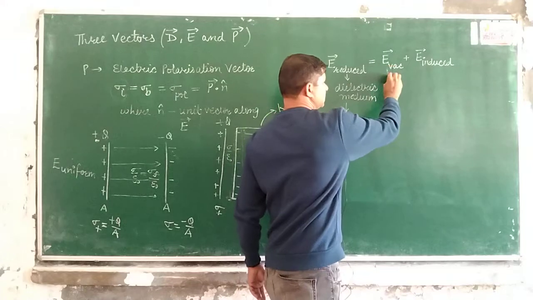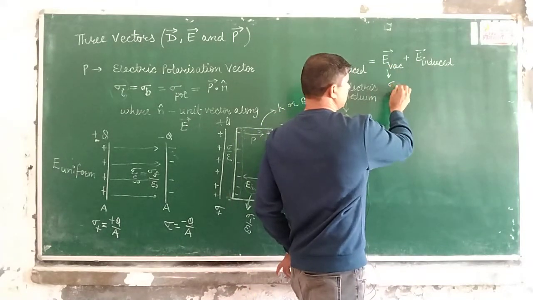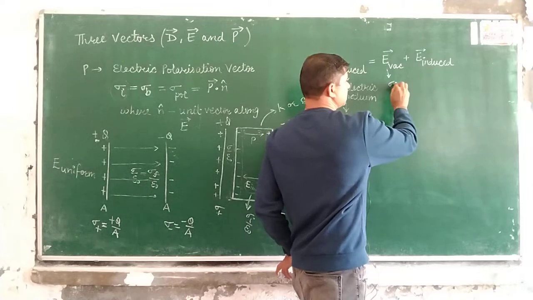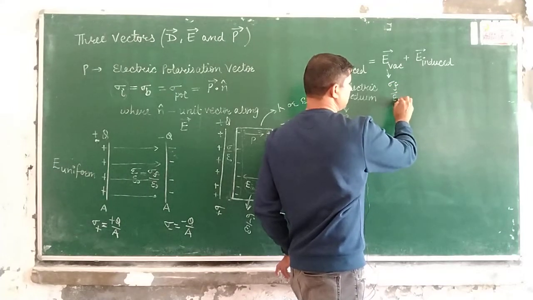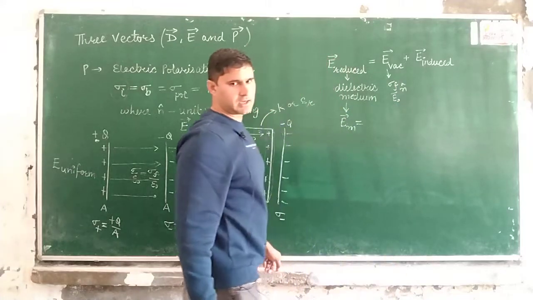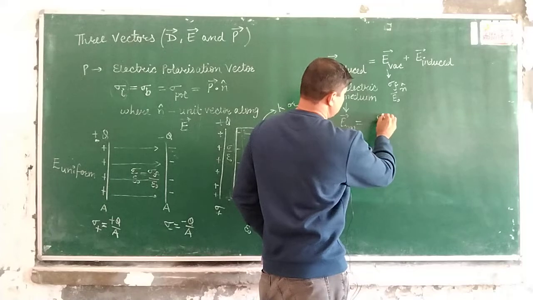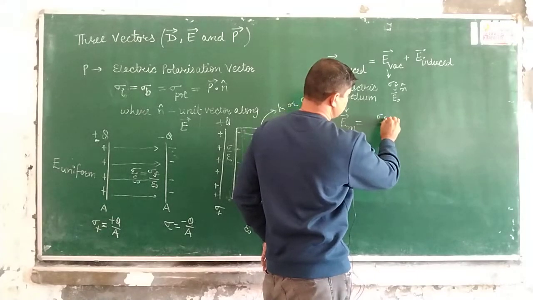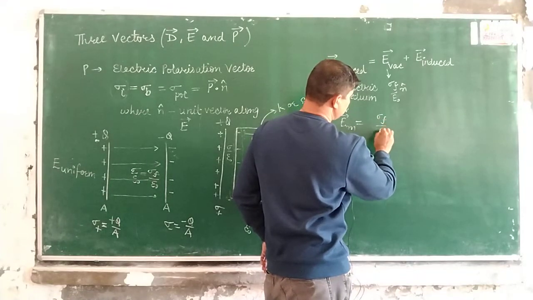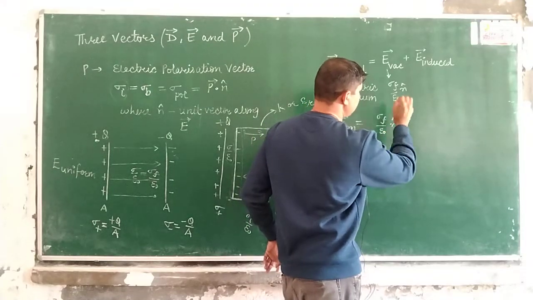What is the value of E in the vacuum? This is sigma, and this sigma is free charge density divided by epsilon node, and its direction is n cap. So if you substitute its value here, then you will get sigma free by epsilon node, and here you will get n cap.